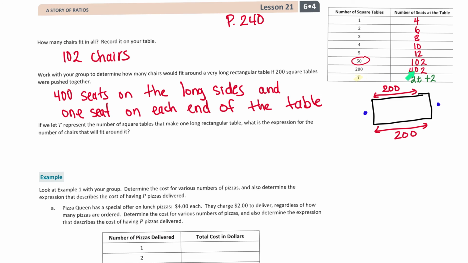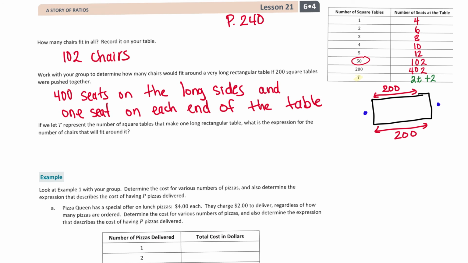If we let T represent the number of square tables that make one long rectangular table, what is the expression for the number of chairs that will fit around it? We already had discussed the expression before.